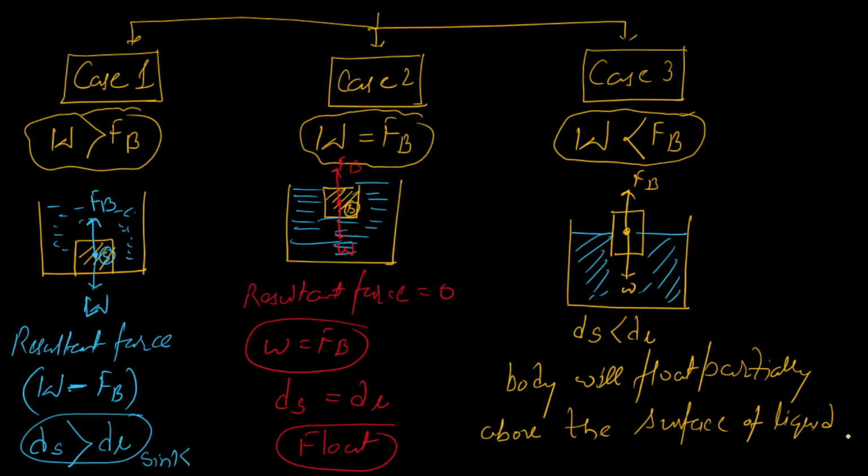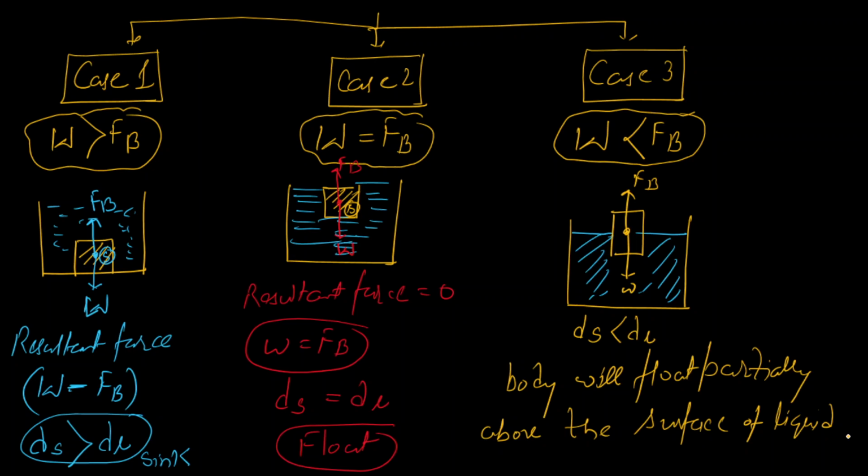So this is the meaning of the cases here, and definitely it will give you a clear understanding, okay? So these points, it's clear on the cases, case 1, case 2 and case 3.